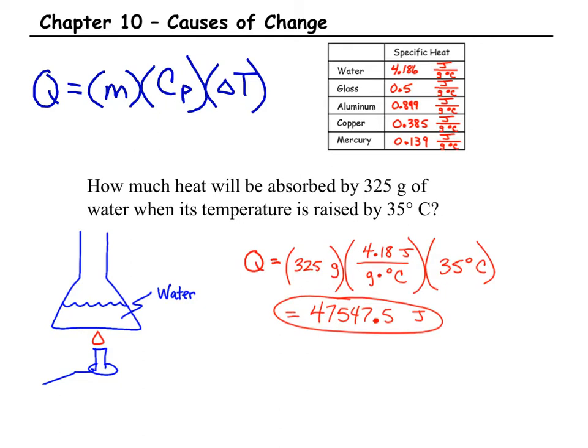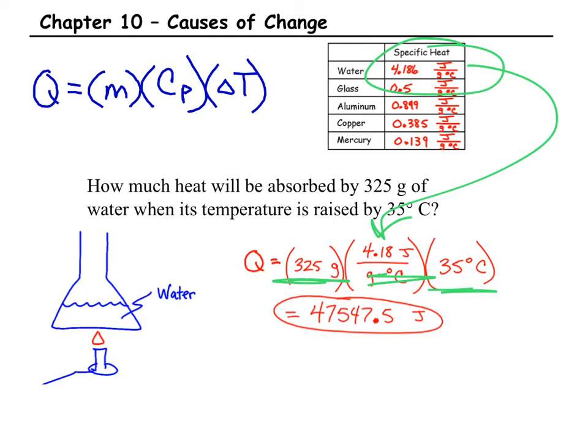To calculate, we take the mass times the specific heat, which is usually given, times the change in temperature. Maybe it goes from 25 up to 55 degrees, so the change in temperature is 35 degrees. Then we could calculate how many joules of energy it would take.